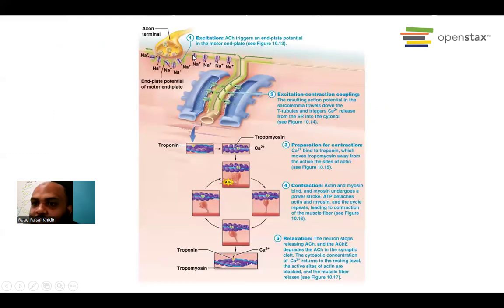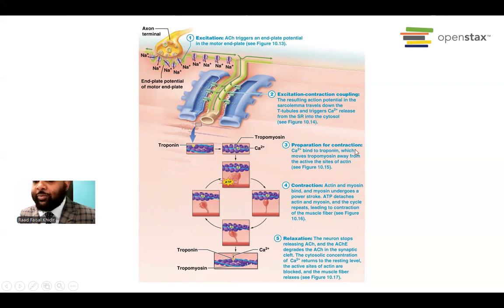Now, that shows you the excitation with acetylcholine triggering the end plate potential in the motor end plate. Then excitation-contraction coupling happens, where the action potential in the sarcolemma travels down the T tubules and triggers calcium release from the sarcoplasmic reticulum into the cytosol.